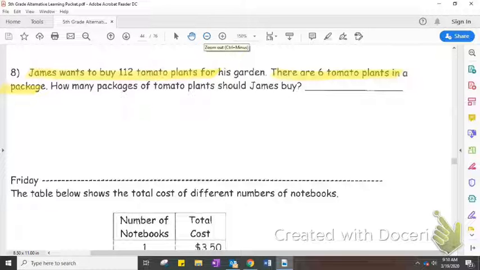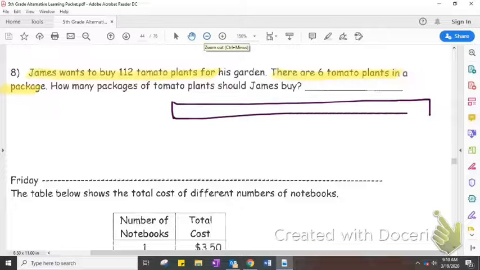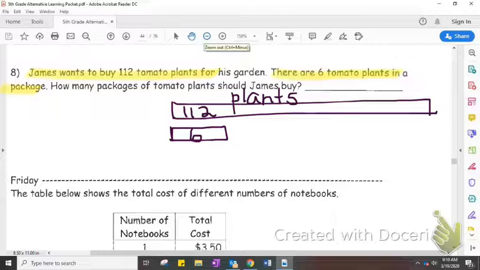There are 2 operations we could use to solve this. I'm going to draw a bar model to represent. These are all of the plants he wants. Six of them fit in one package.